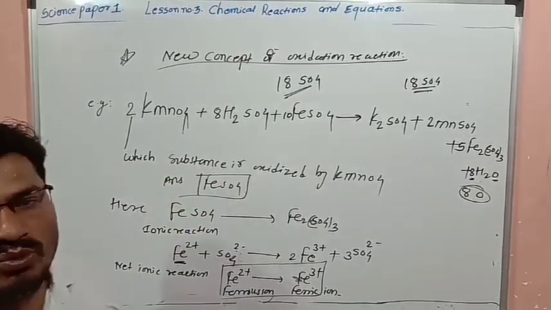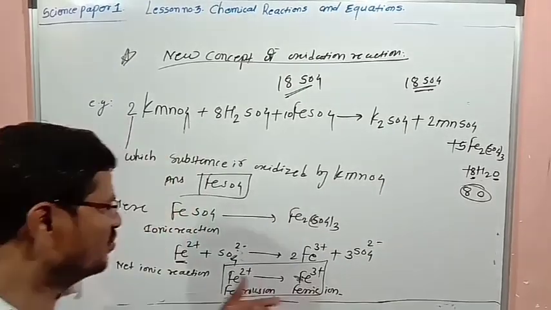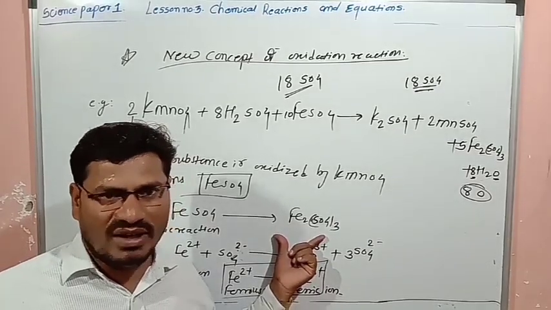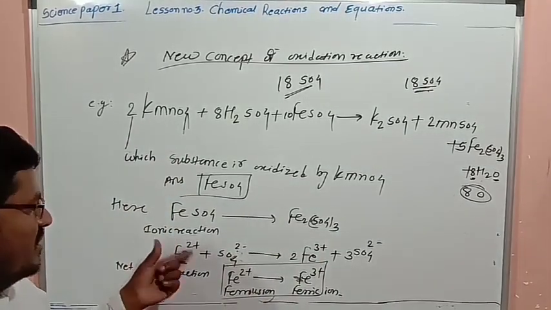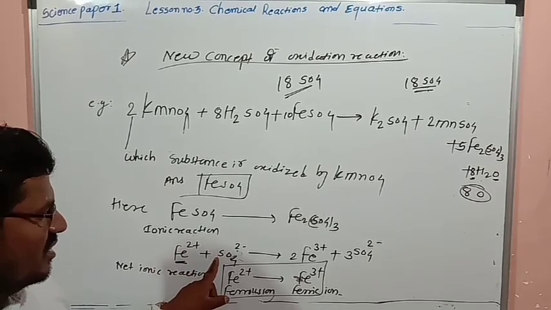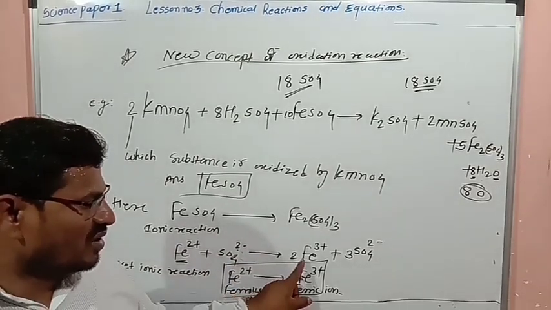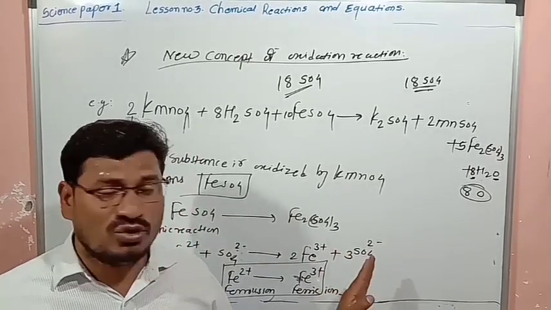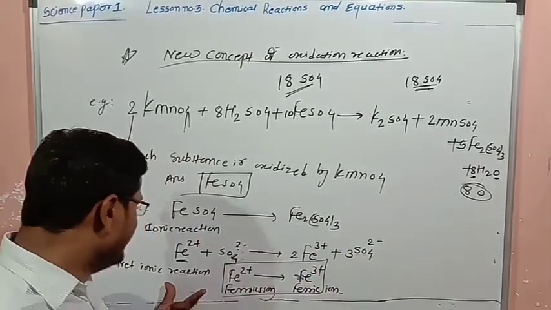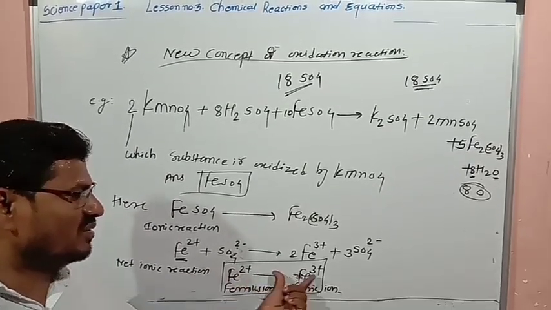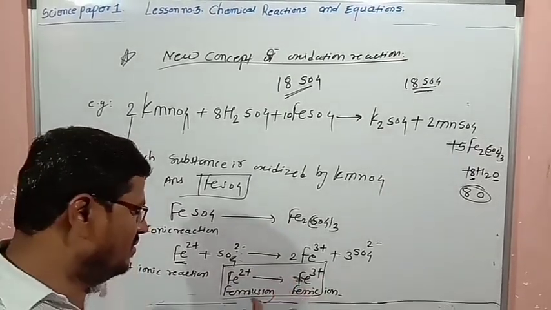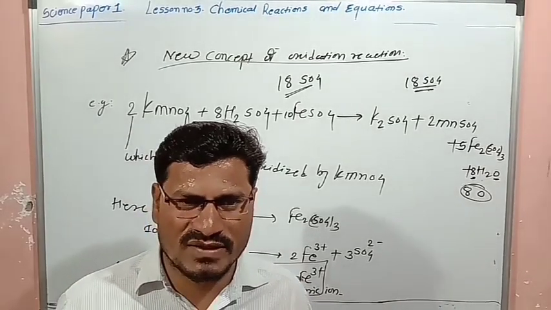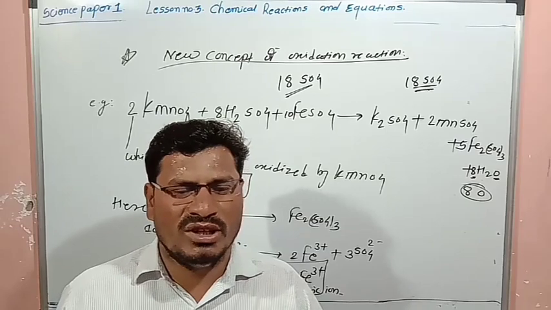FeSO4 is oxidized by KMnO4, and in this, FeSO4 is converted into Fe2(SO4)3. In the ionic reaction, Fe2+ and SO4 2- give 2 Fe3+ and 3 SO4 2-. In the net ionic reaction, Fe2+ is converted into Fe3+, ferrous ion is converted into ferric ion, and in this, losing of electrons takes place.